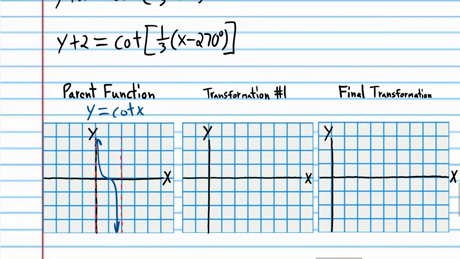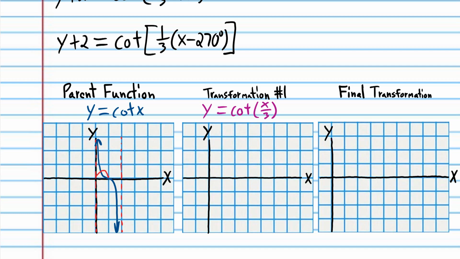So now I'm going to replace x with x over 3. So this increases the period by a factor of 3. We're going to multiply all x values by 3. So this asymptote is at 180 degrees. Multiply it by 3, and we get 540.